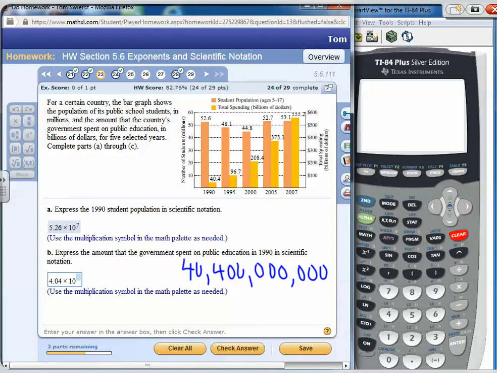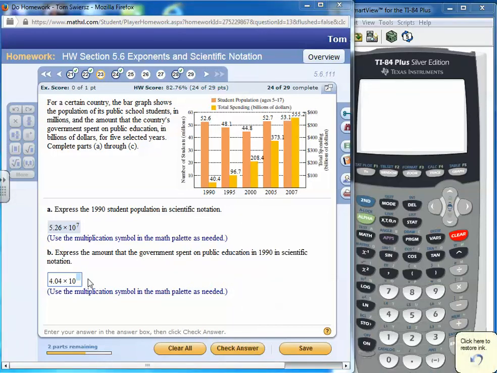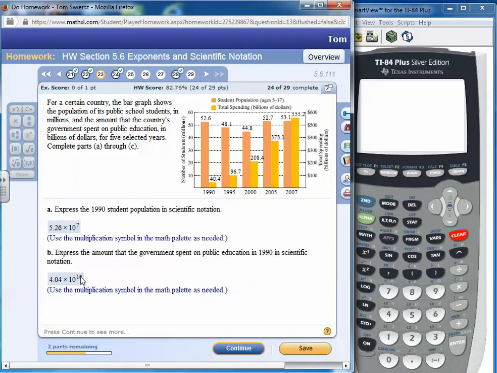Which actually was 3, 6, 9, 10. I'm sorry, 4.04 times 10 to the 10th power. All right, 4.04 times 10 to the 10th power. There, that's what we got.